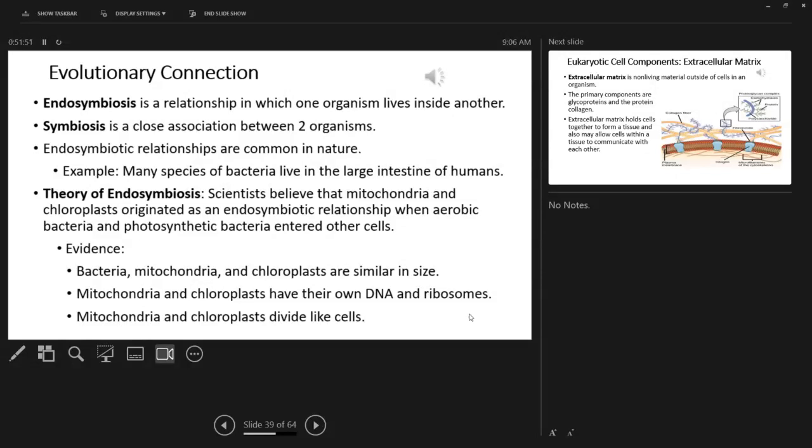So this theory answers the question of where the first eukaryotic cells come from. It's believed that life began on Earth 3.6 or 3.8 billion years ago, and they were prokaryotic cells, very simple bacteria type cells.